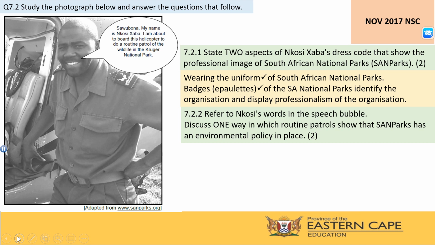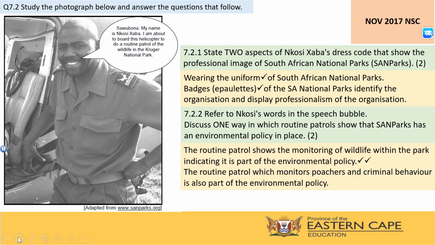So how is that showing that SANParks has an environmental policy in place? The fact that Nkosi is using the words routine patrol shows the monitoring of wildlife within the park, and that indicates that that is part of the environmental policy. In the same vein, the use of routine patrol indicates that poachers and criminal behavior is monitored, which also forms part of the environmental policy of SANParks.